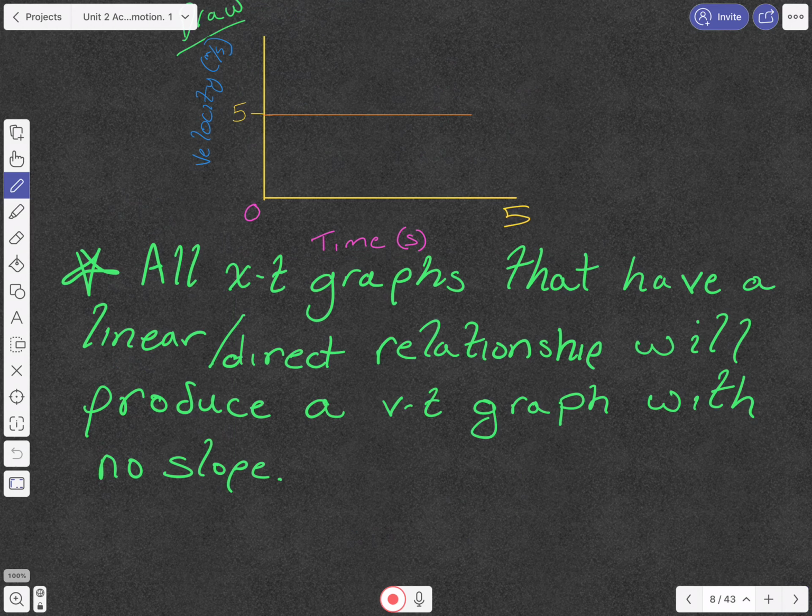Because here our rise is going to be 0 on this graph here. And so 0 over no matter how long we go, and here we did 5 seconds, is still going to give you a slope of 0. And the slope's actually going to be meters per second, which we will go into in a moment.